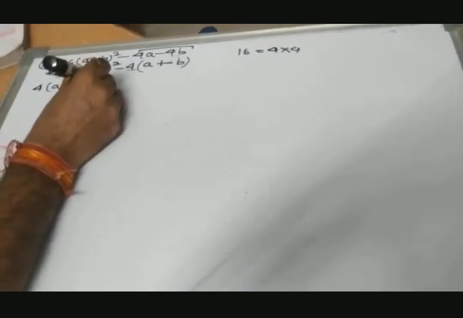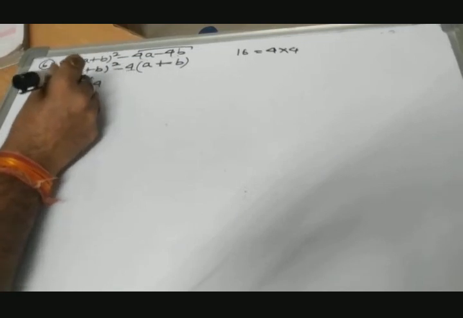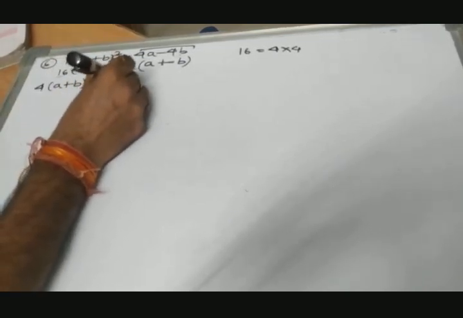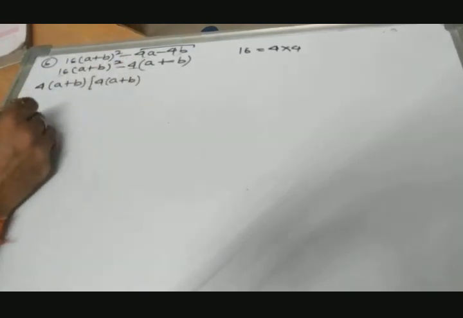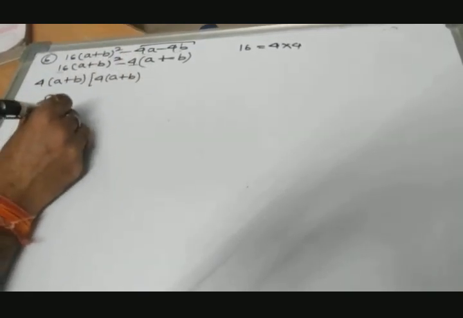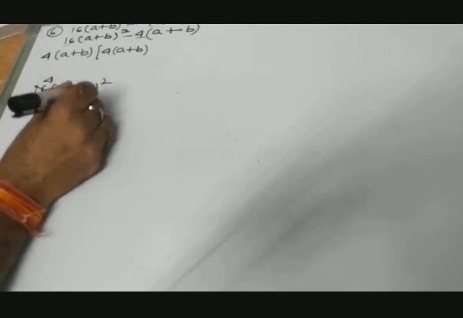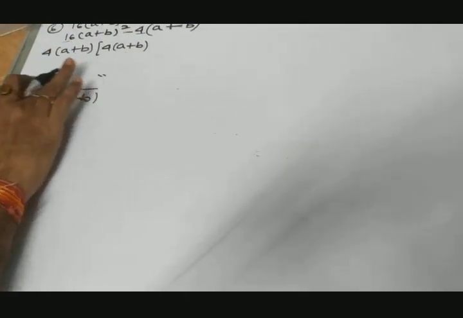So 4 4 ja 16. A plus b whole square divided by a plus b, remaining term is a plus b. Simply, 16 times a plus b whole square when divided by common term 4 times a plus b: 4 4 ja 16, a plus b cancel, 1 power remaining. So answer will be 4 times a plus b.